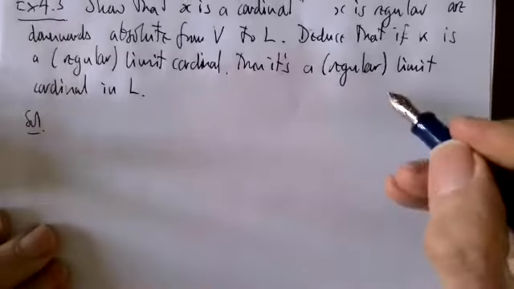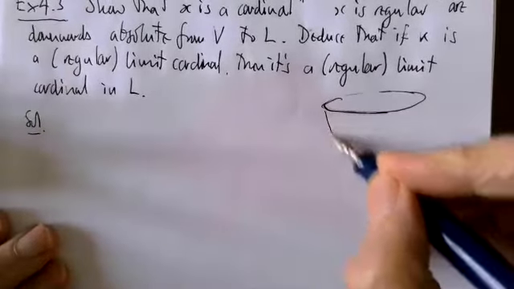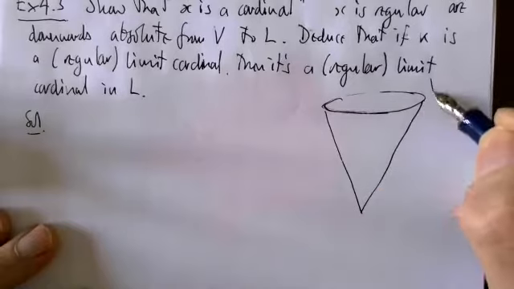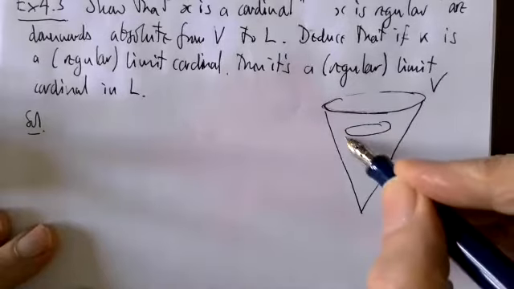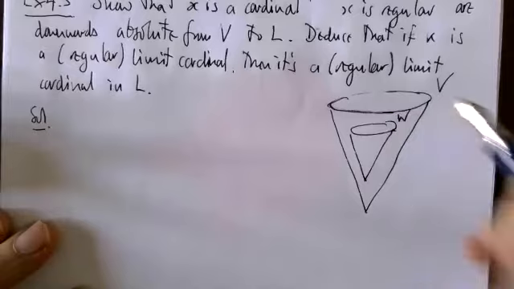So it's the usual picture about what happens between V and some class that's contained within it, right?